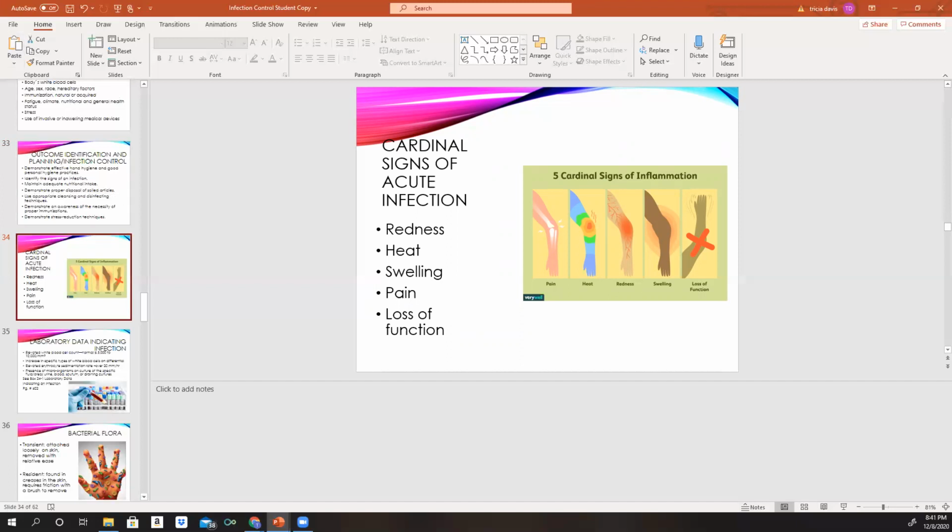So the hallmark signs of acute infection are redness to the area, heat, it would feel warm to touch. It can feel warm or it can feel extremely hot. You may notice swelling. The patient may have pain or loss of function wherever the infection is.